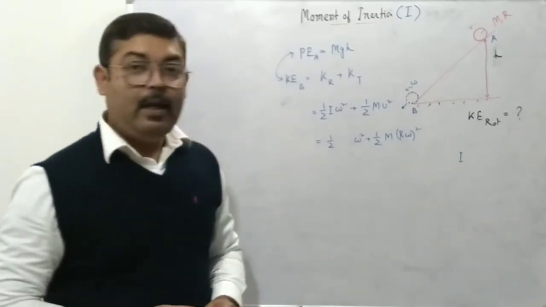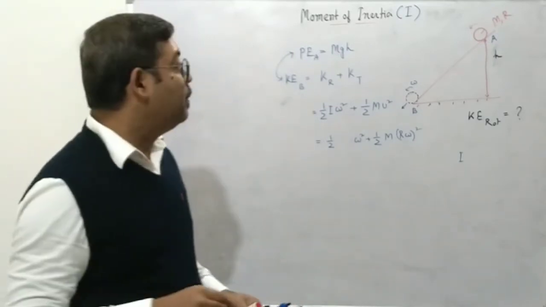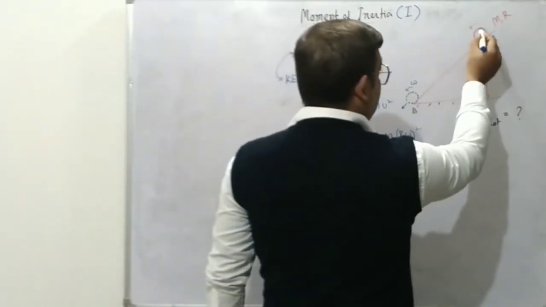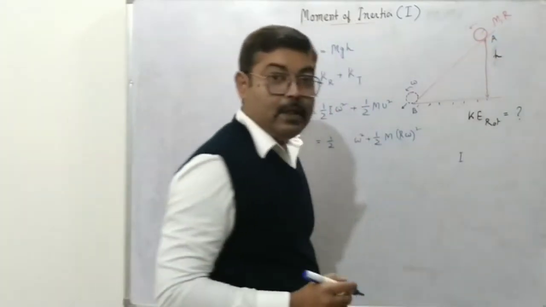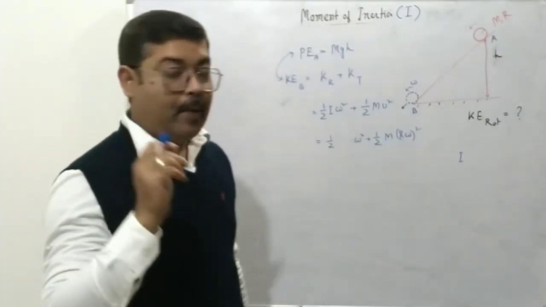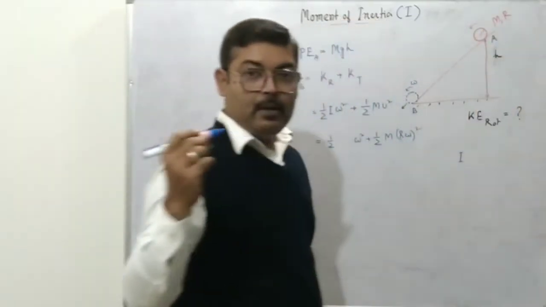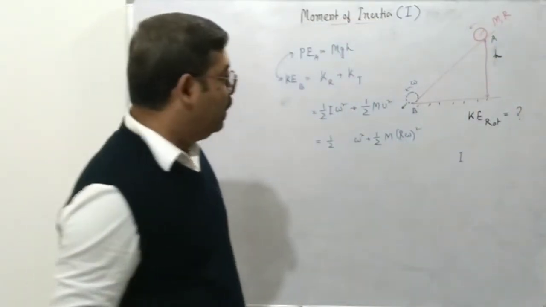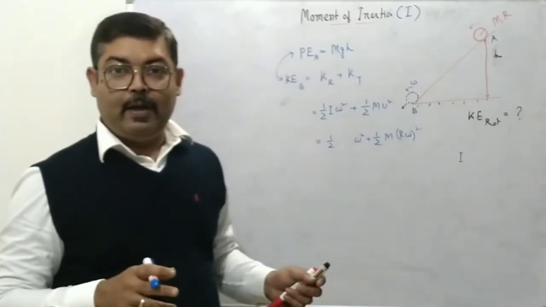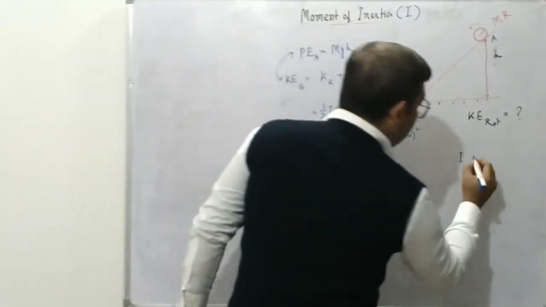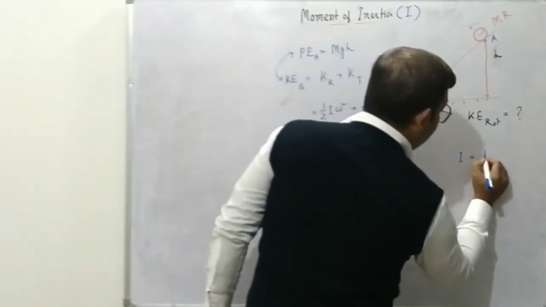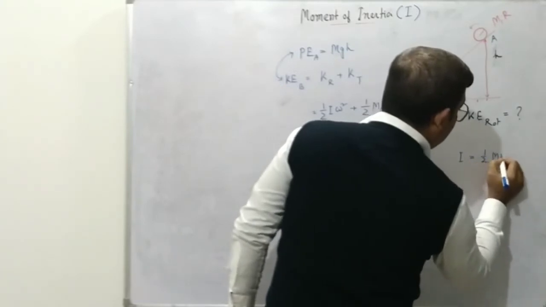So what is the moment of inertia of a solid cylinder about an axis passing through it along its axis? That again from the chart you can find, or you can also derive, but as I said, we need to remember that it will be half m r squared.